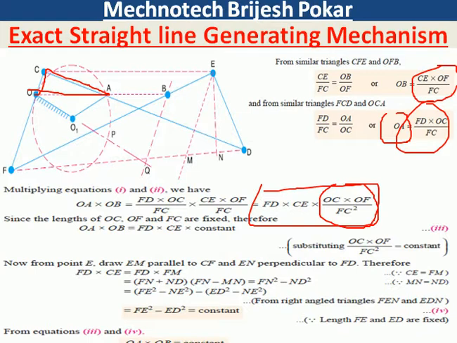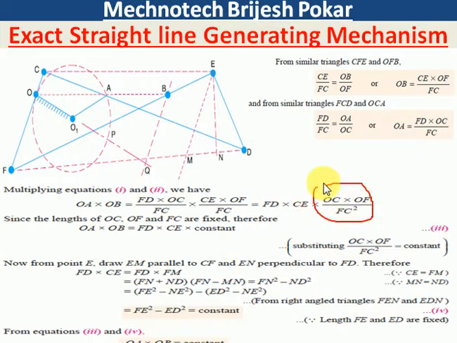If you see this, OC, OF and FC are all links, so we can say they are not changed, so it is constant. Now OA into OB is equal to FD into CE, right? And this is constant.